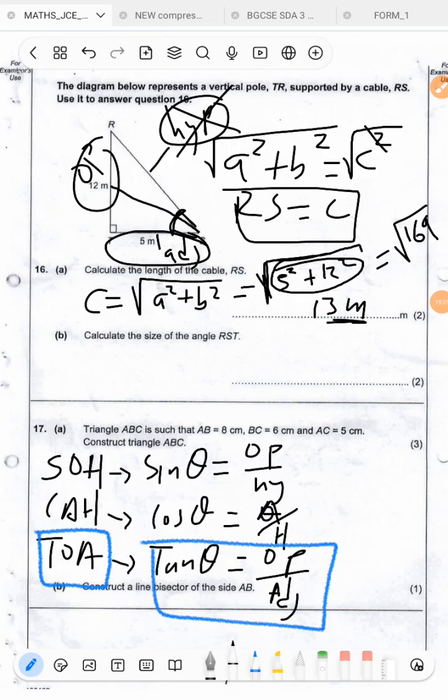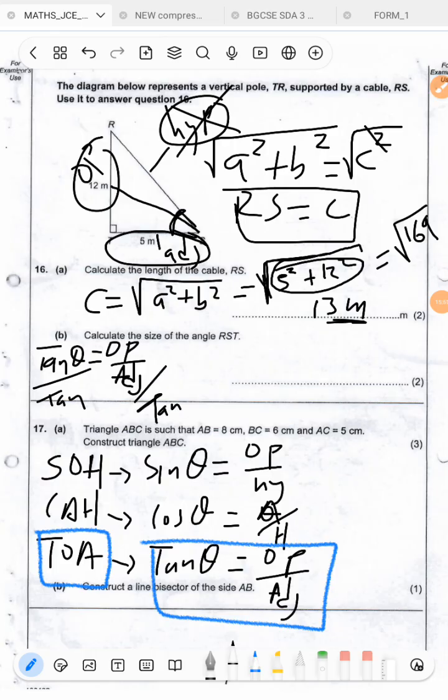Okay, so let's take our formula. Tan theta is equal to opposite over adjacent. Remember we're looking for the angle. Theta means the angle, so that's what we're looking for. So we make the angle subject of the formula. You can divide by tan both sides.